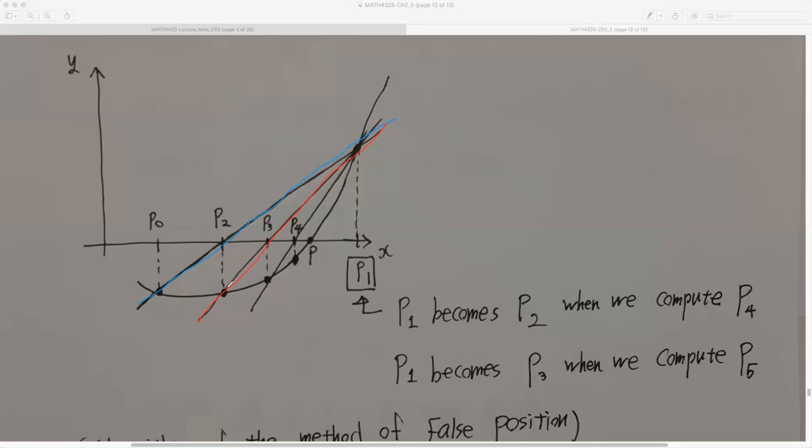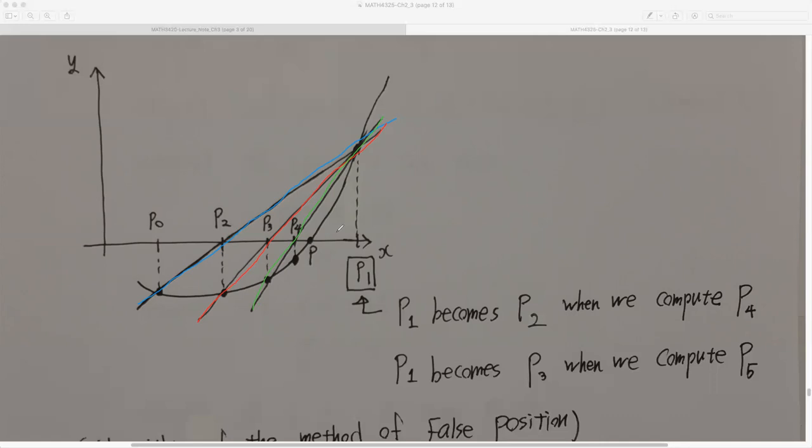Then we're not going to use P2. We drop P2, and we're going to use P1, because f of P1 is positive and f of P3 is negative. So we draw the secant line passing through P3 comma f of P3 and P1 comma f of P1. Okay, and now we see.